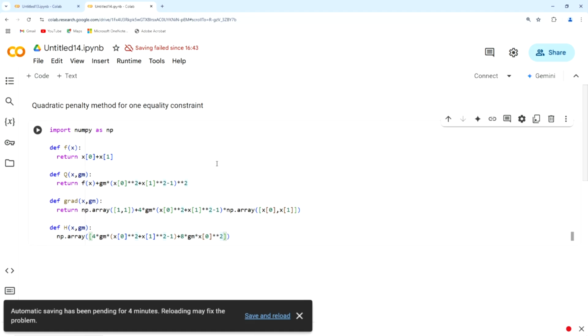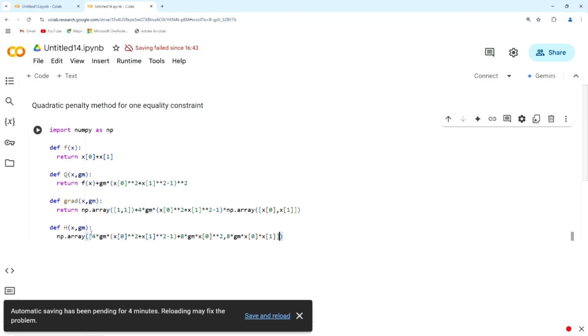So, this is 0 0. Now, for 0 1 you will only have this component, that is 8 gamma x of 0 x of 1.